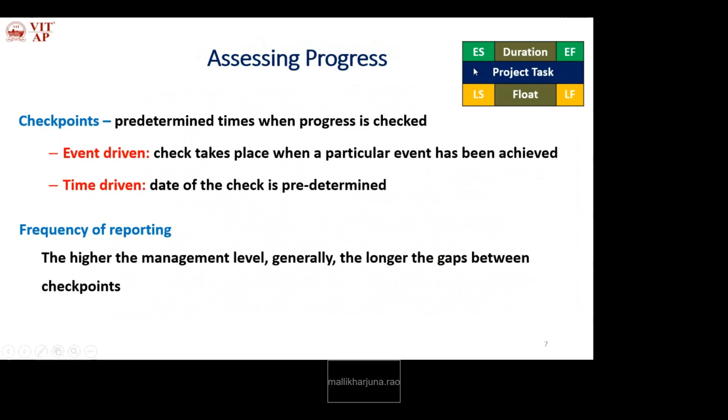So definitely we have to wait to start some tasks. If critical activities exist, then this is the maximum waiting period before we have to start. If the task is started by this time, this is the finish time. So those are checked. That is the checkpoints: predetermined times when progress is checked.